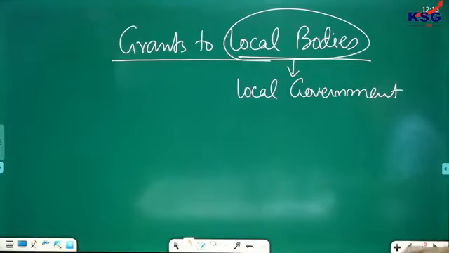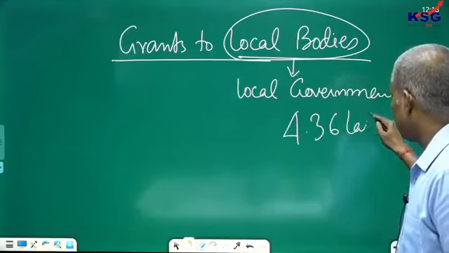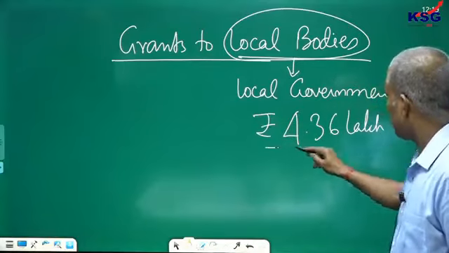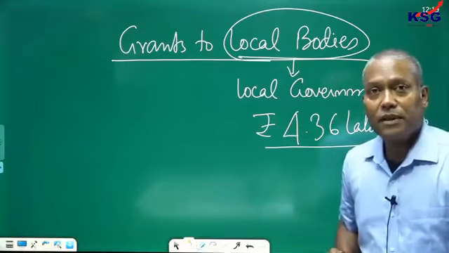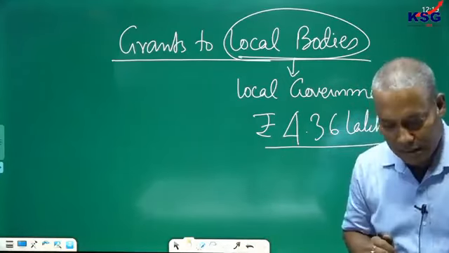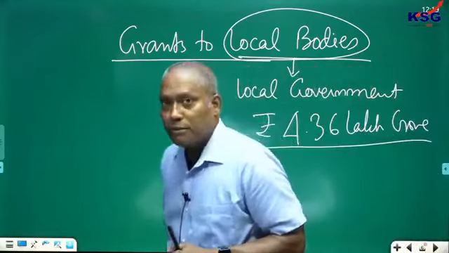The total grants to local bodies is 4.36 lakh crore. Again, I am saying the numerical value is just symbolic for exam purposes. You have to focus on the implication and the provision of this. Clear? Right, 4.36 lakh crores. And a proportion of grants is performance based.